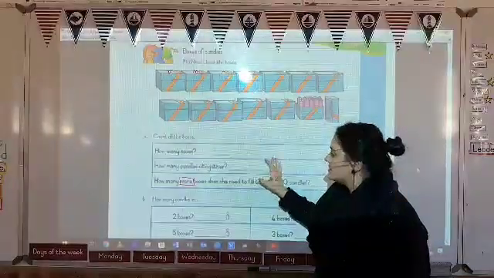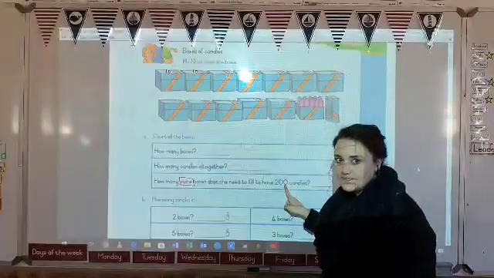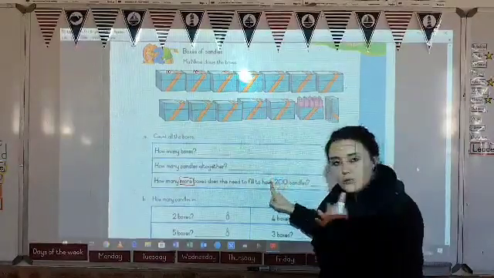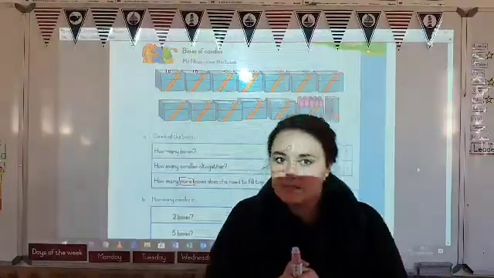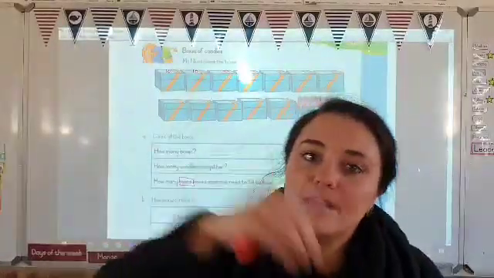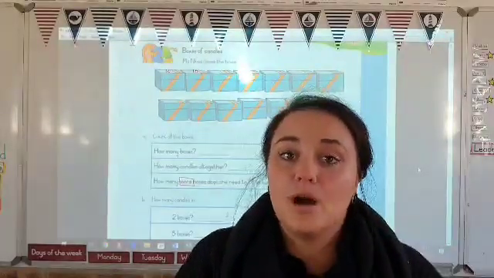So what they want is, because this answer will be less than 200. So they want to know, if we want 200 candles and we only have this certain amount, how many candles should we add to the smaller amount so it becomes 200?